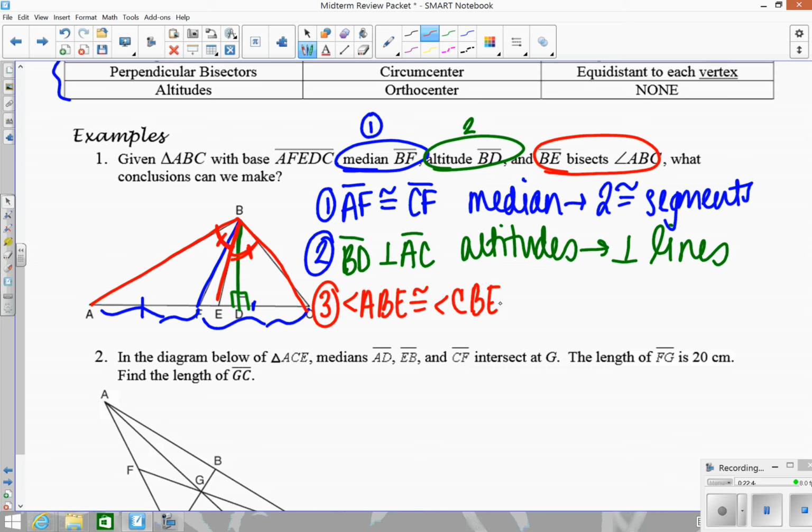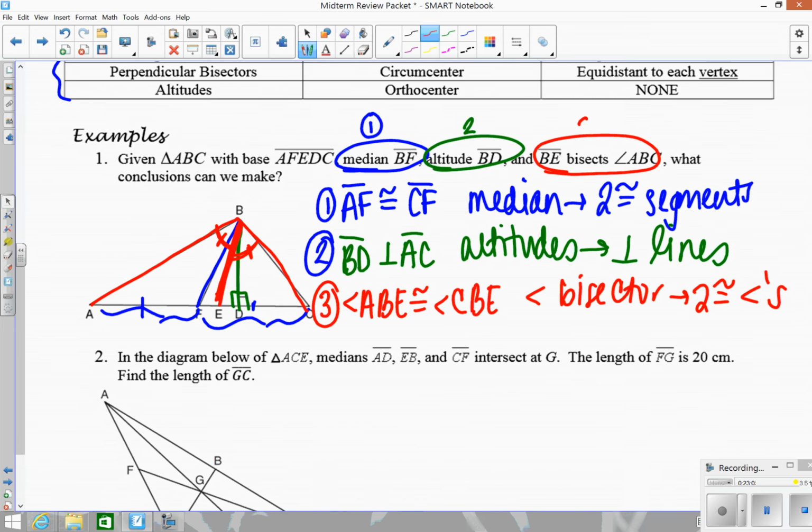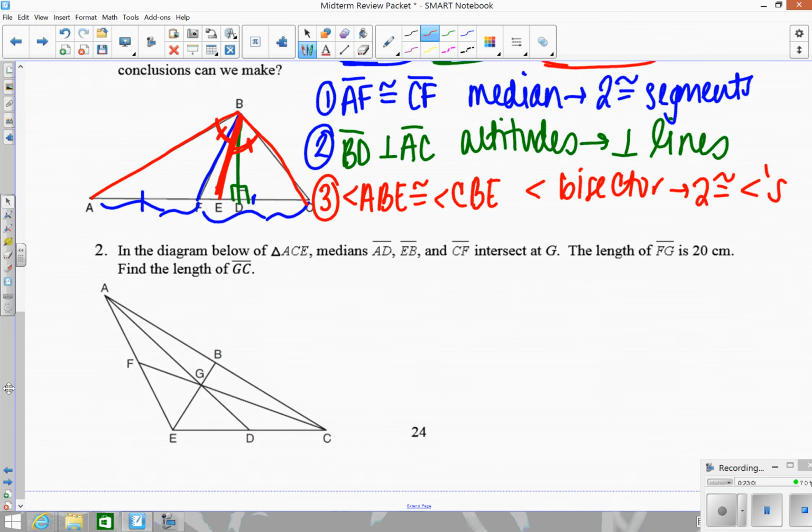And these are congruent because an angle bisector implies 2 congruent angles. Just be careful too that you look at where is that angle bisector, and it's the angles that are formed when that segment is there. So those are just kind of things that you might see in proofs. So this was number 3. So if you see any of these segments, those are some conclusions you can make.